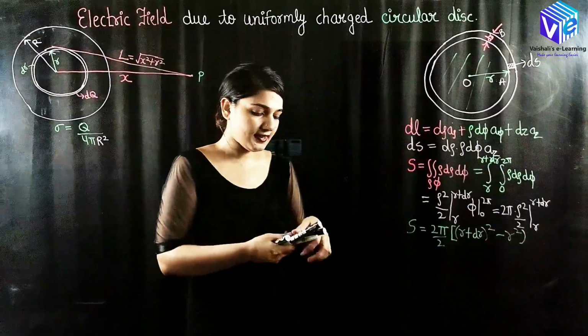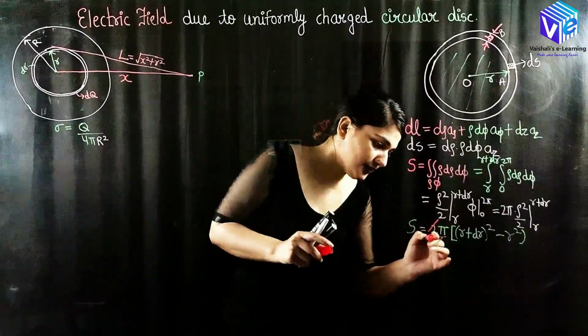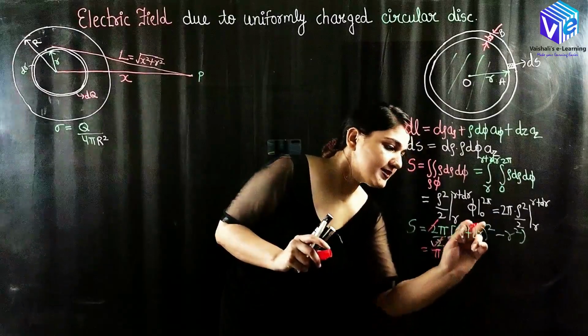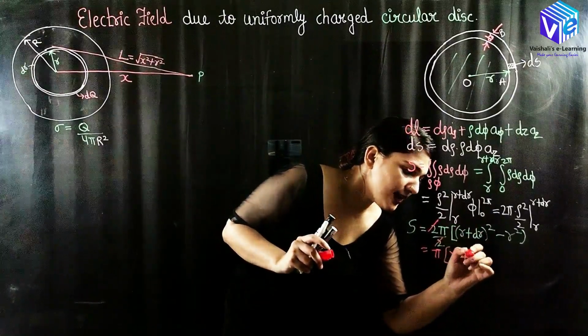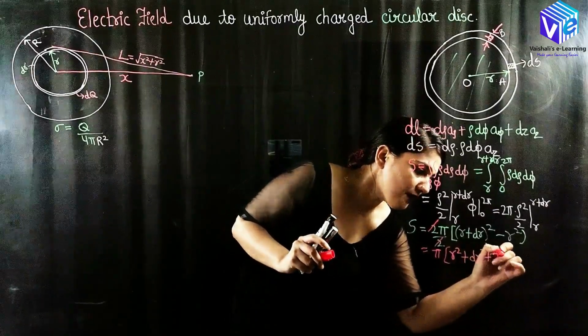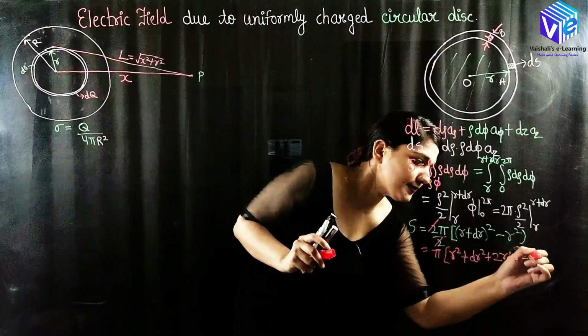Here 2 and 2 get cancelled and I am left with pi. r plus dr whole square will be r square plus dr square plus 2 r dr, minus r square.